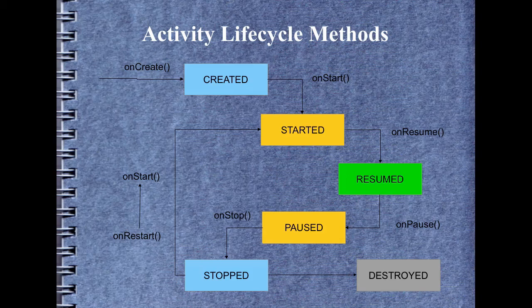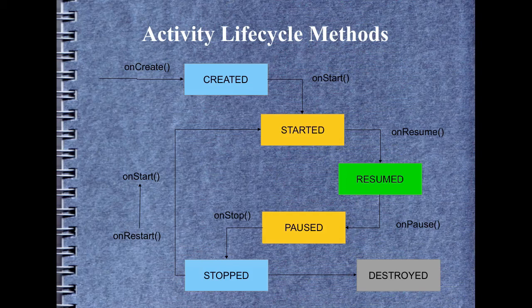Now, stopped is kind of a strange state, because in stopped, we can do one of two things. We can either restart the activity, or we can destroy the activity. Well, it all kind of depends on what happens while we're in resumed when we're interacting with the activity. For example, if the user presses the back key and stops the application, what we would think of as closing the app, then we go from pause, stop to destroyed, fairly rapidly actually.